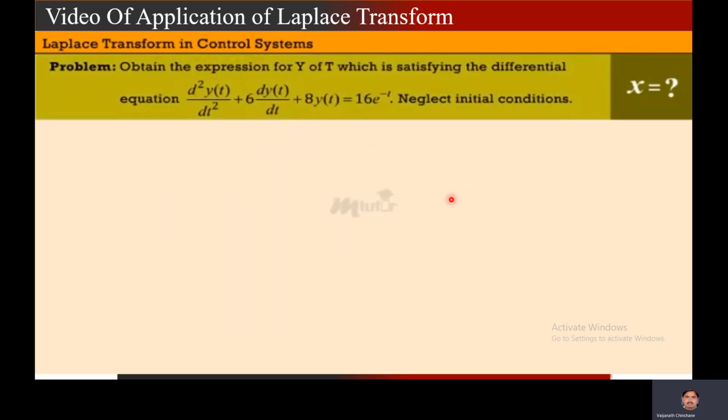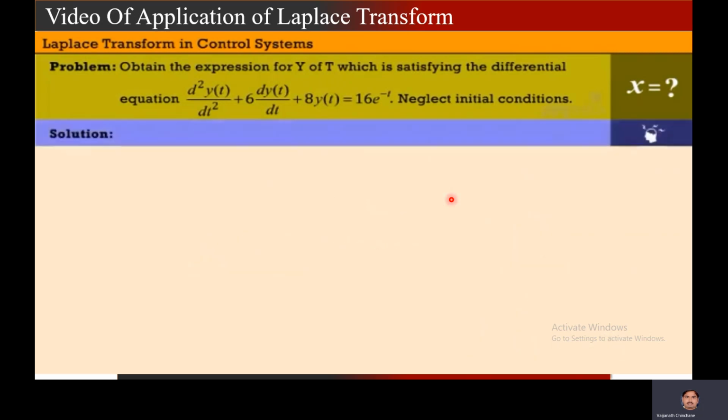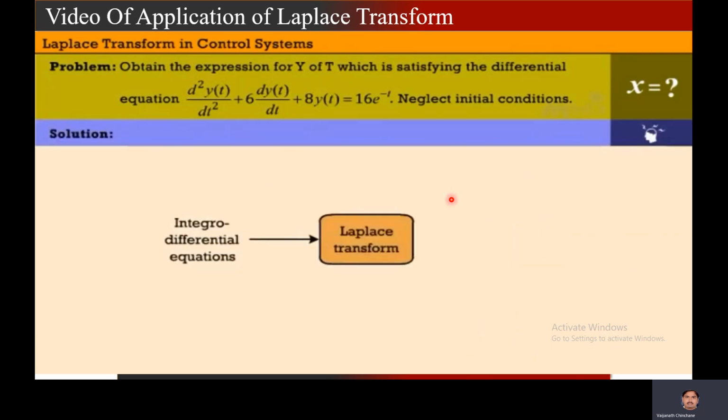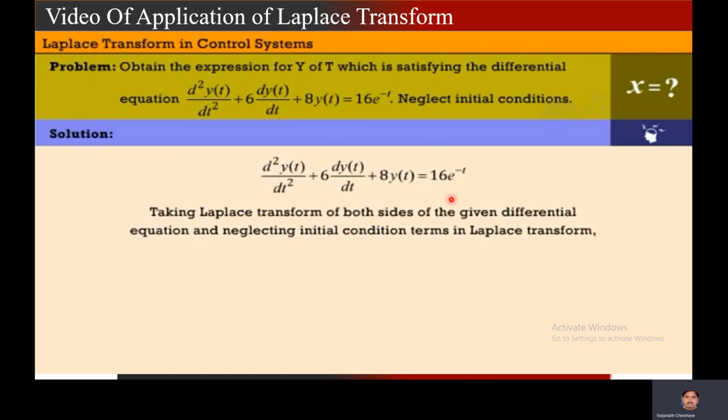For example, obtain the expression for y of t which satisfies the differential equation shown on the screen, and neglect the initial conditions. Mathematically, it is very difficult to solve such equations in time domain. Hence, to solve such equations, the Laplace transform converts them into simple algebraic equations. Then all the complicated computations can be easily performed in S domain as the equations to be handled are algebraic in nature.